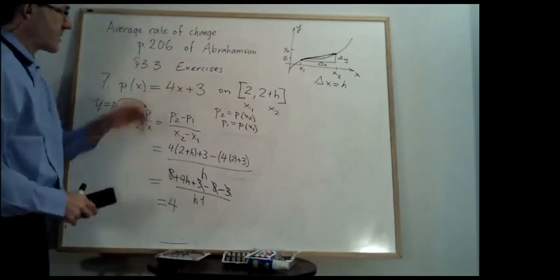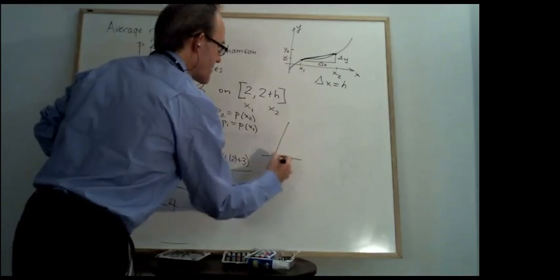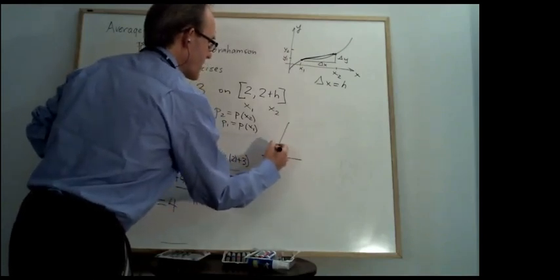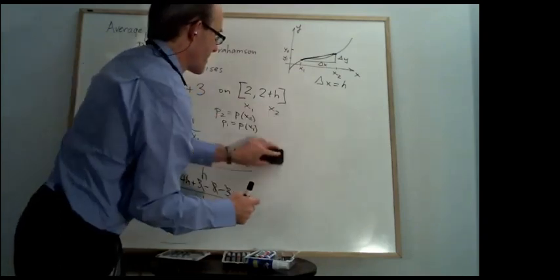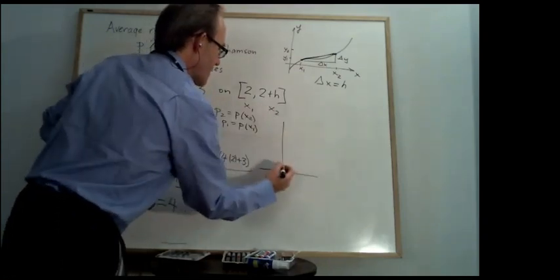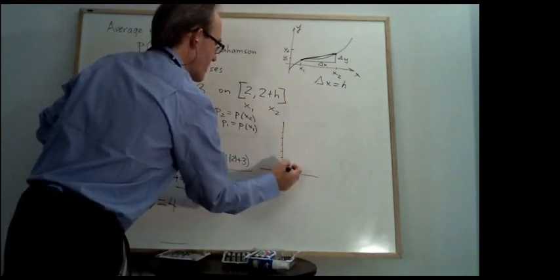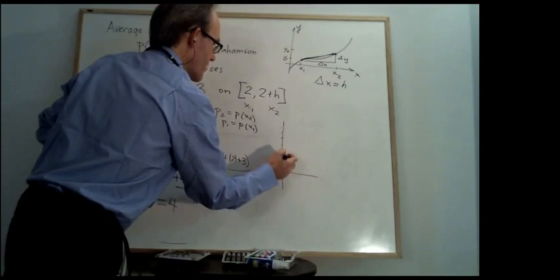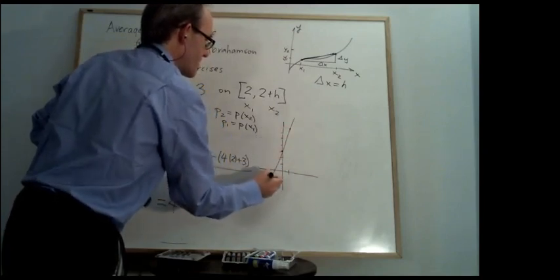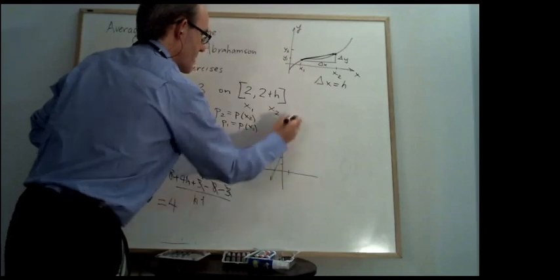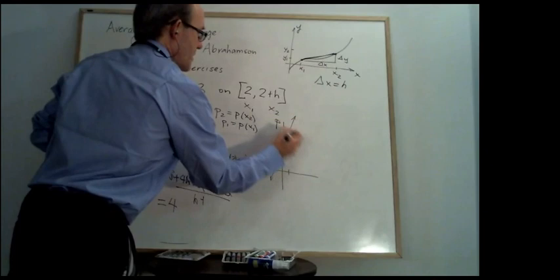This is just going to give us a line, sloping like this. It starts here and it goes up to here. This is the p-axis, this is the x-axis.